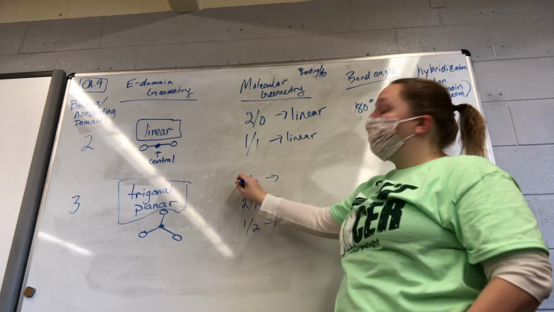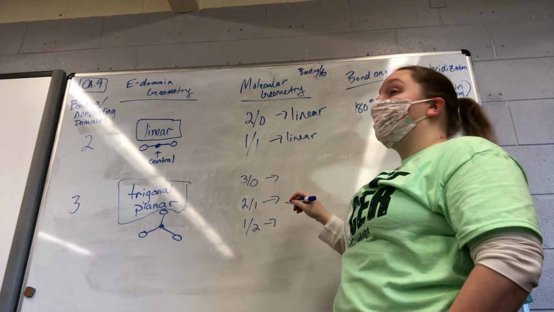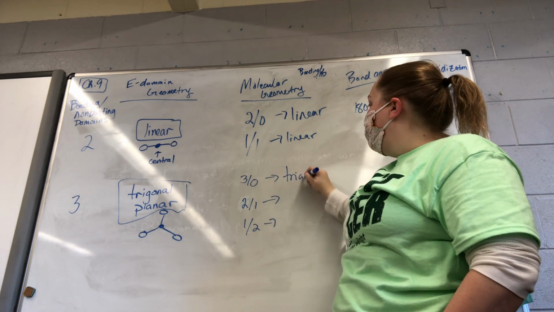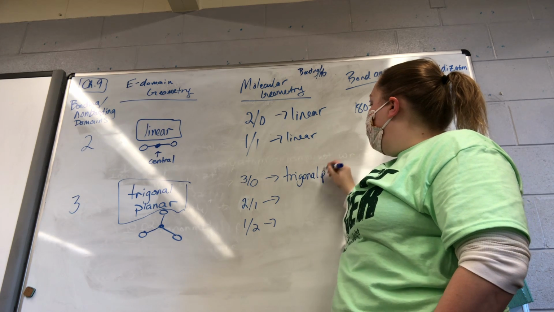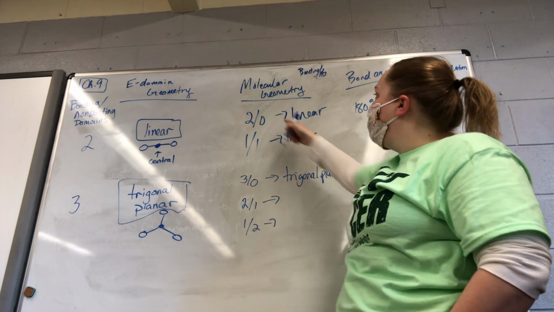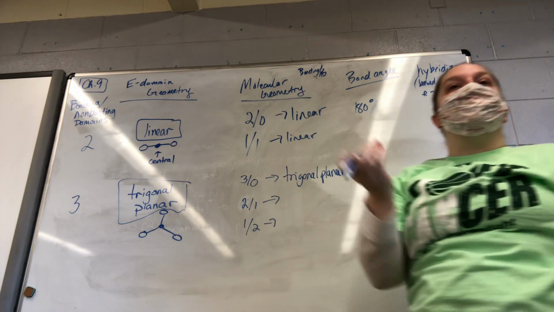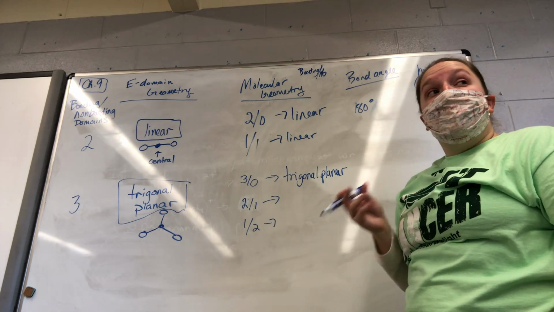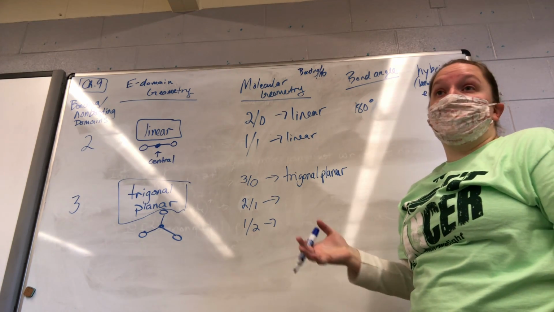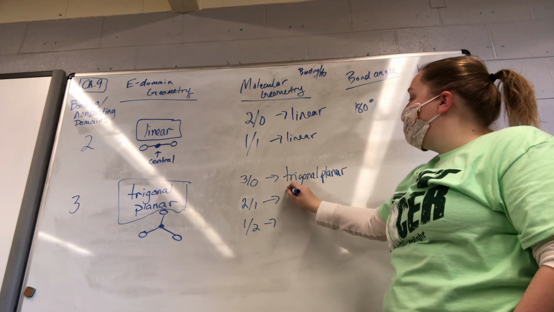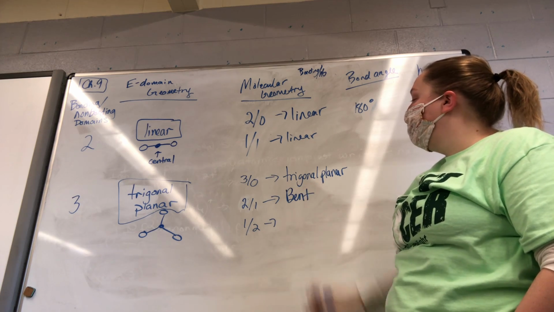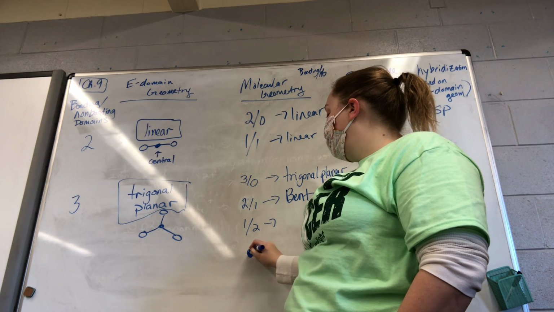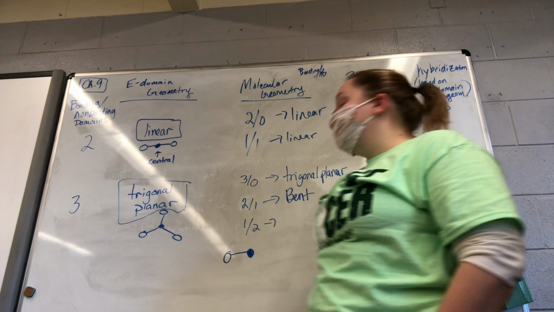All right? When 3 things are bonded and there are no non-bonding pairs of electrons, we have a trigonal planar molecule. Remember that molecular geometries only take into account the atoms that are bonded. They ignore the lone pairs, but the lone pairs still affect the shape of the structure. 2 and 1 is going to be a bent structure. 1 and 2 means there's only one thing bonded to the center atom.